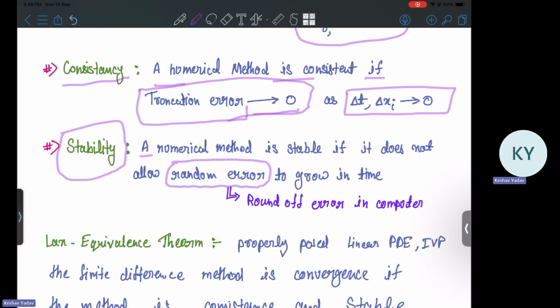A numerical method is stable if it does not allow random errors to grow in time. Any random error involved in the numerical calculation, if it does not grow in time, then the numerical method is called stable, otherwise it is unstable. Generally these random errors come from the round-off error in the computer.